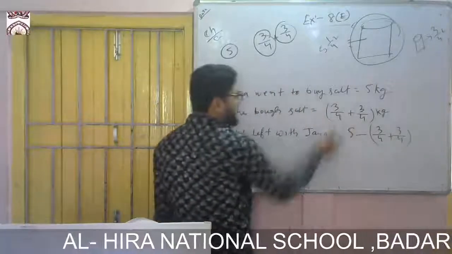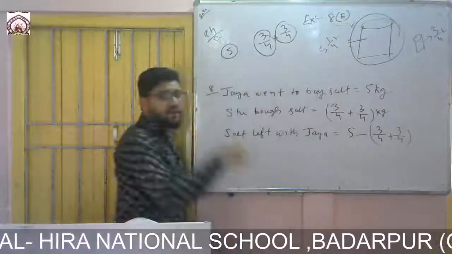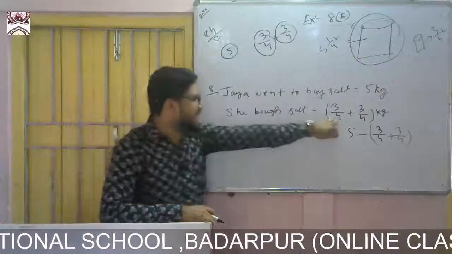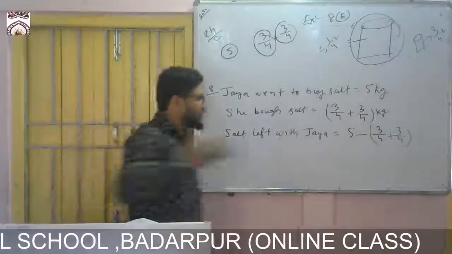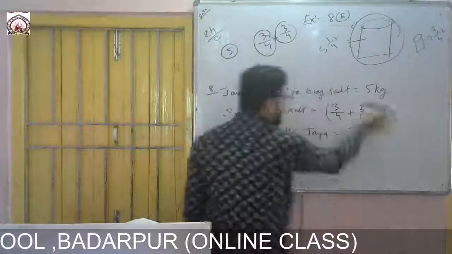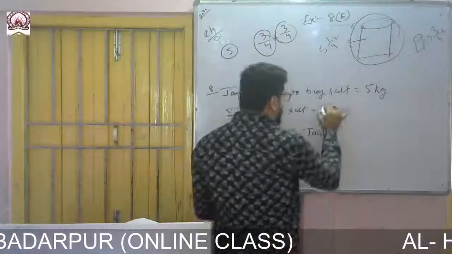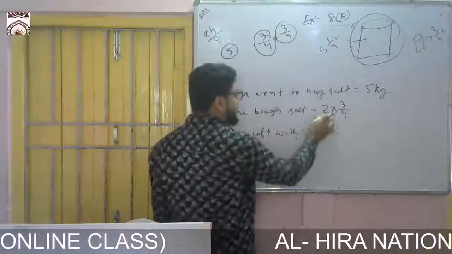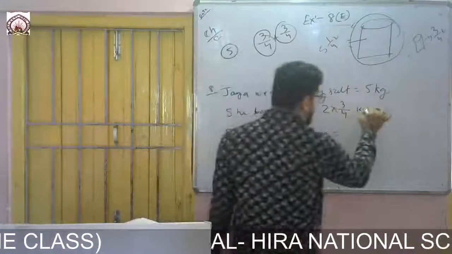Or here also you can do it like this. 2 packets of 3/4 kg she bought, so you can multiply this one. It will be easy. She got 2 packets of 3/4 kg.